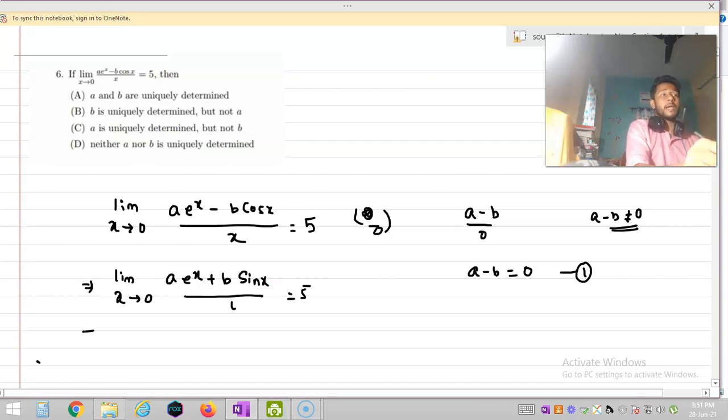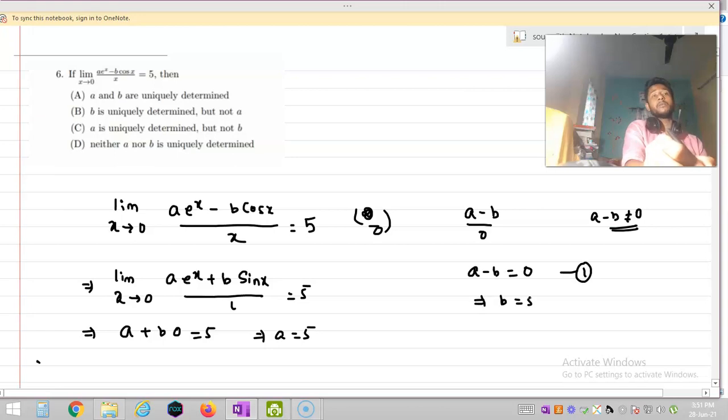As x tends to 0, it becomes a plus b into 0 is equal to 5. Then the value of a is equal to 5, and putting it in equation number 1, the value of b is also 5.